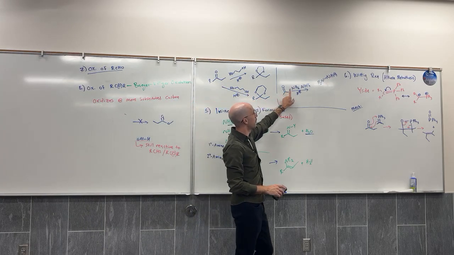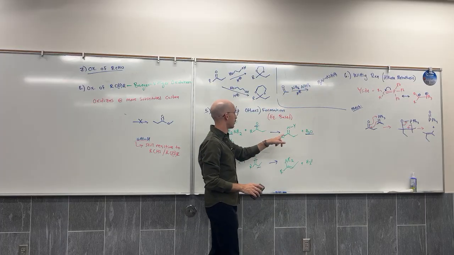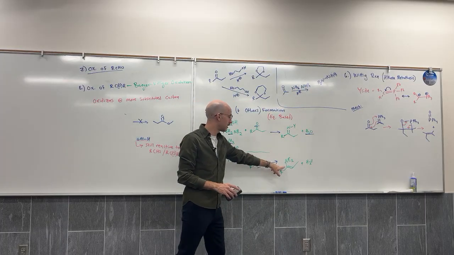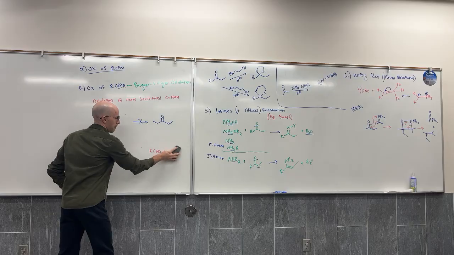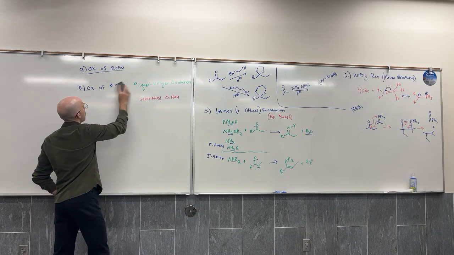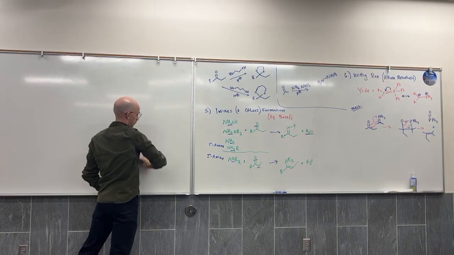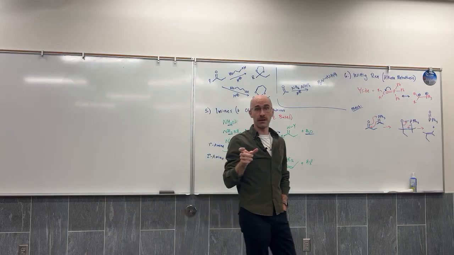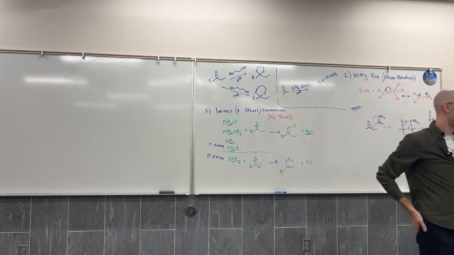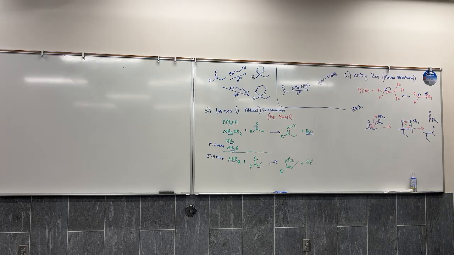The carbonyl carbon is the hydrazone carbon. The carbonyl carbon is the enamine carbon. So when you're trying to figure out the missing carbonyl, you have to first start by figuring out where is the carbonyl carbon, and then just remove the groups that were on it.